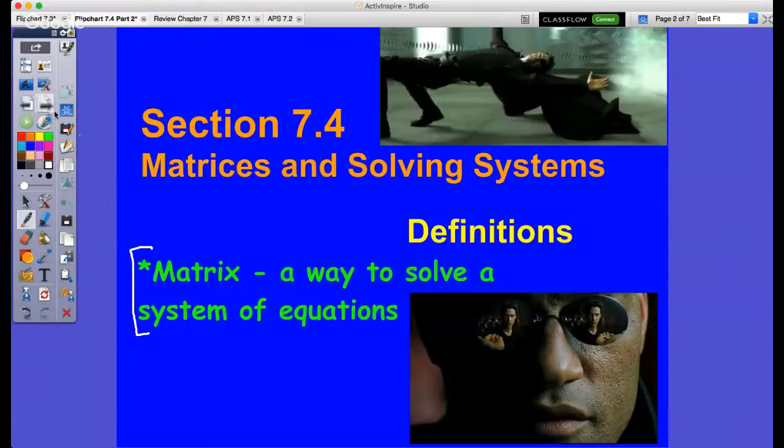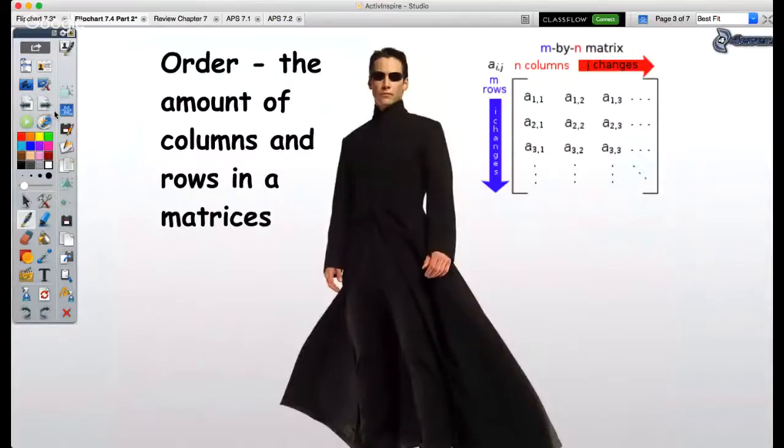A couple things you need to know before we go into this short lesson is the fact that when we solve for a matrix, we have a matrix that is m by n, which means how many rows by how many columns.